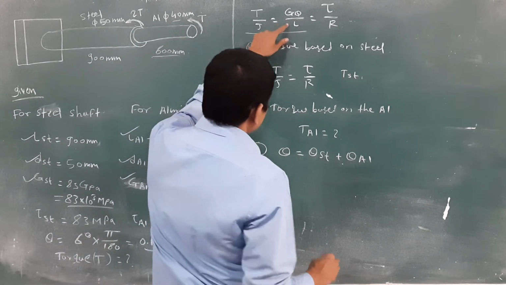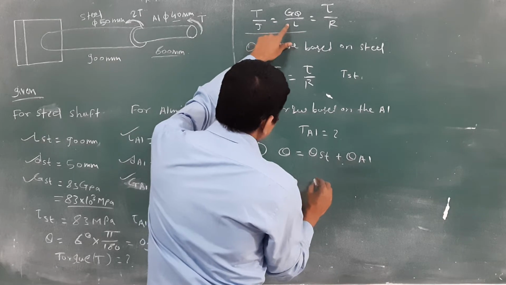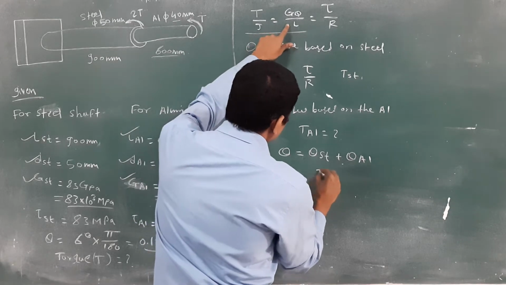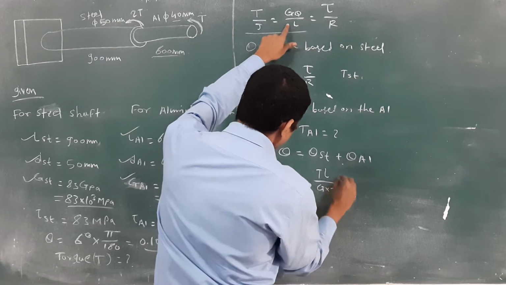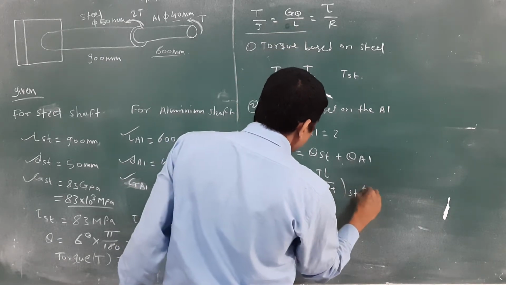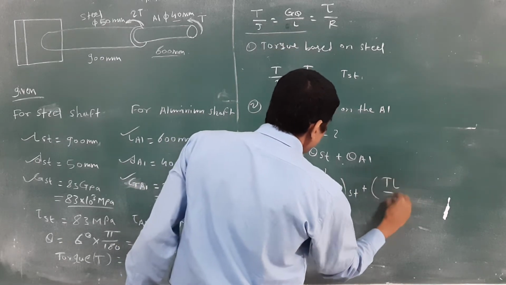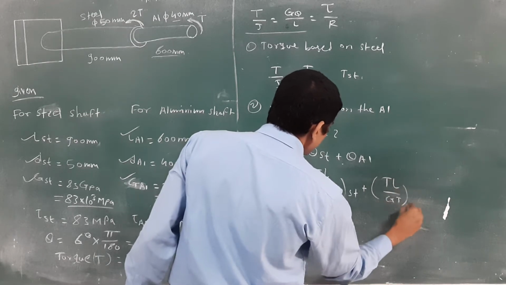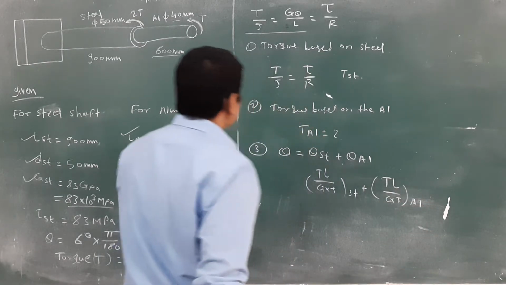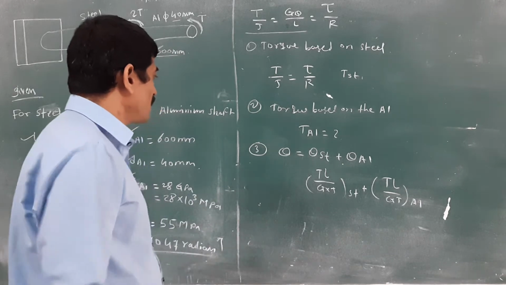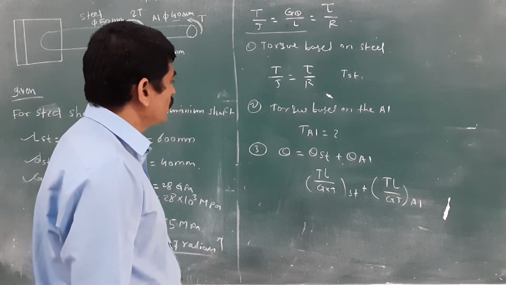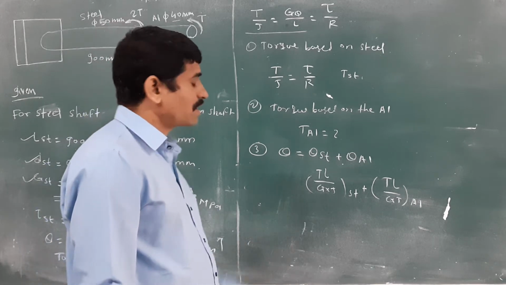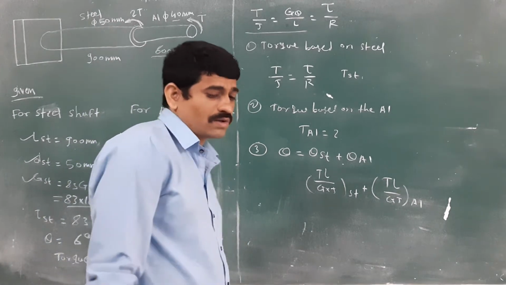If you have converted into theta, then see what we will get. TL divided by G into J for the steel, plus in a similar way TL divided by G into J for the aluminium. In this way you will get the three torques. With the help of that you can calculate the three torques.